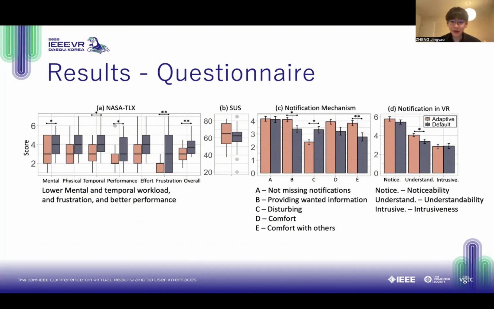In figure C, users considered the adaptive notification system provided more wanted information, and found it less disturbing and more comfortable. And figure D shows users consider the adaptive notification to have high understandability.